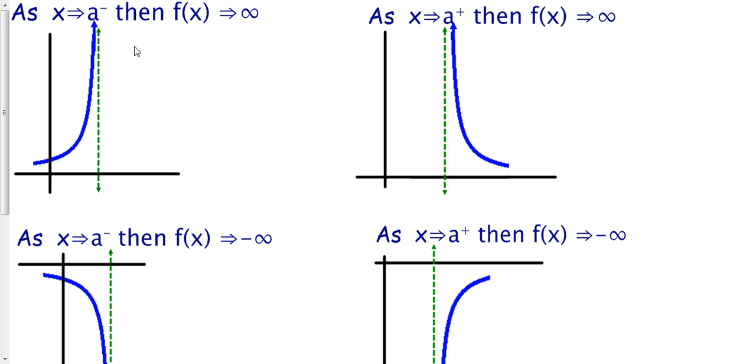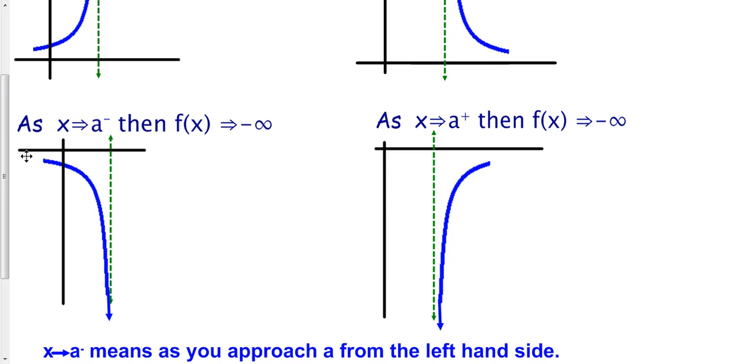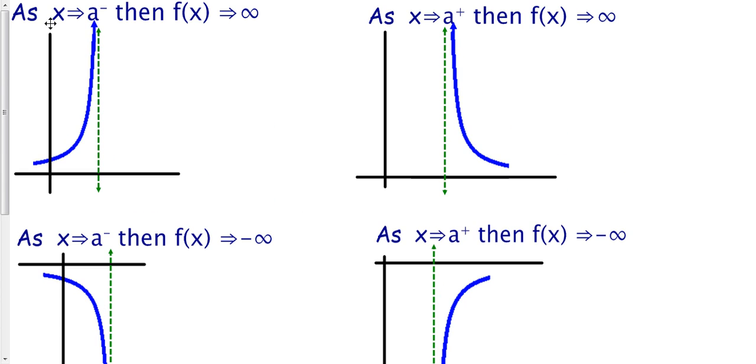Now, when you're dealing with vertical asymptotes, you're either going to come into your vertical asymptote and go up, or you're going to come into your vertical asymptote and go down. When we're looking at as x approaches a with a little negative exponent, that means as you approach a from the left, so just to the left of a, and this vertical line is a, in this case it goes up.